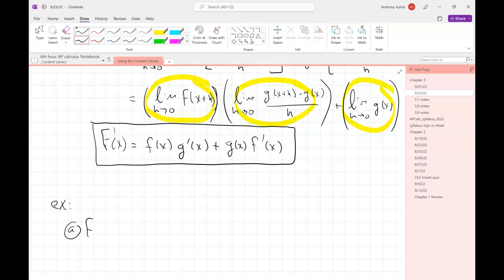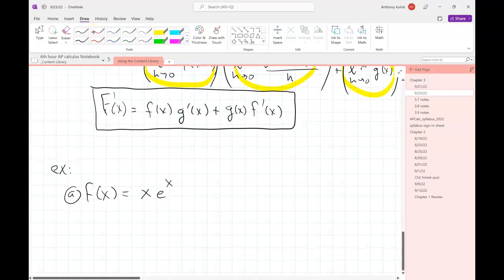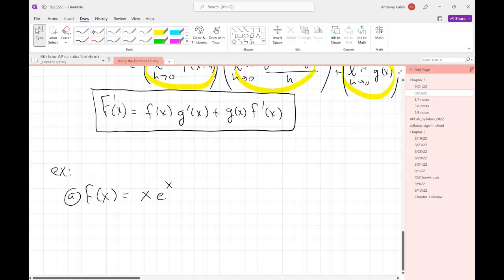All right, so let's say that we have the function x times e to the x. Notice that this is the product of two functions. Both of them are in terms of x. Everybody agree? And there's no way to algebraically combine these together that's not still going to end up with something problematic.